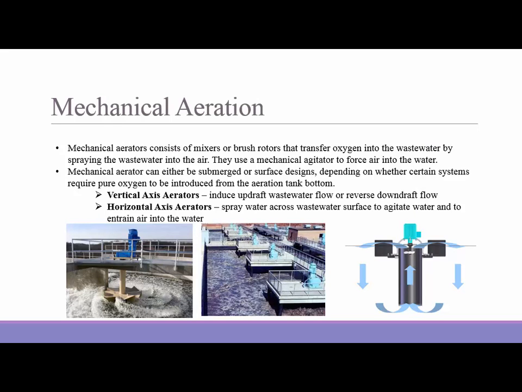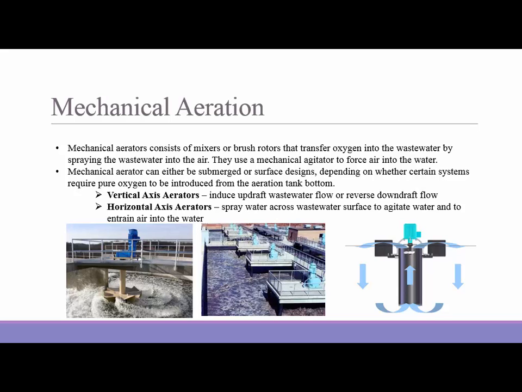Mechanical aerators consist of mixers or brush rotors that transfer oxygen into the wastewater by spraying the wastewater into the air. They use a mechanical agitator to force air into the water. The third picture is an example of mechanical aerators. Mechanical aerators can either be submerged or surface designed, depending on whether certain systems require pure oxygen to be introduced from the aeration tank bottom.